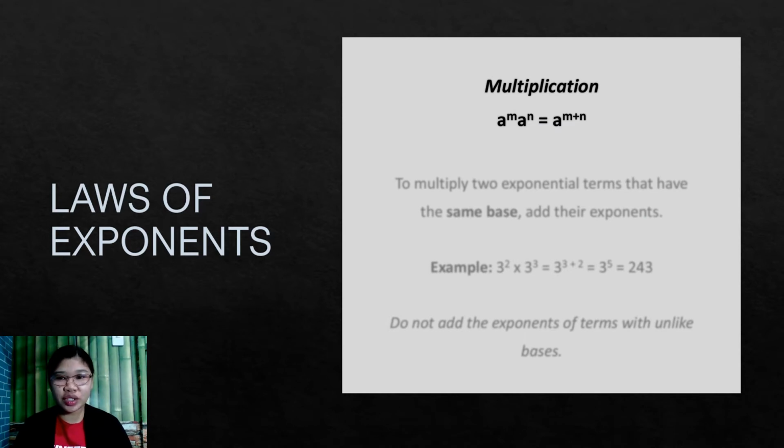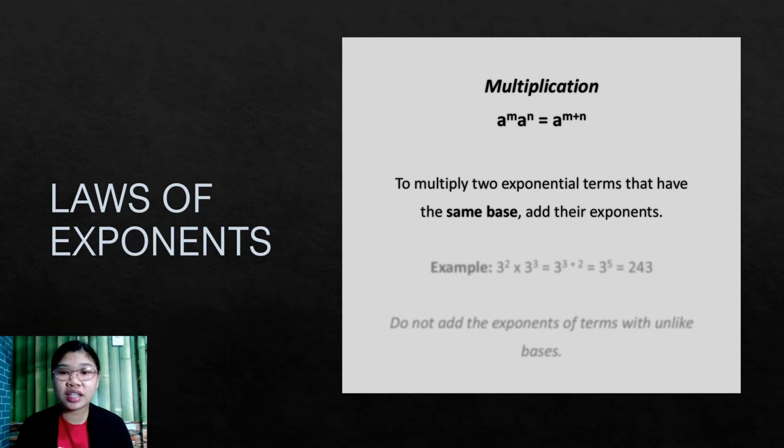In multiplication, we have a general formula: a raised to m multiplied by a raised to n is equal to a raised to m plus n. So to multiply two exponential terms, in our case a raised to m and a raised to n, that have the same base, take note, it must have the same base, add their exponents.